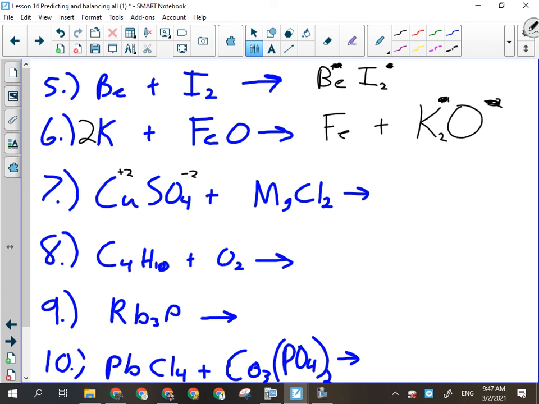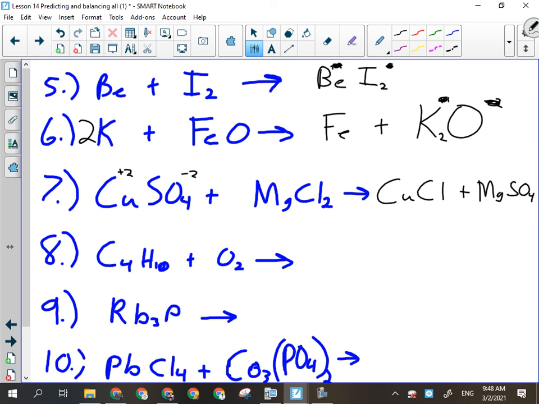So that's going to be important on the other side, because this is a double replacement reaction where copper is going to switch places with magnesium. Okay, so who does copper end up with on this side? Chlorine. And magnesium is going to end up with sulfate. All right, those are both ionic compounds that now need to be dropped and swapped.